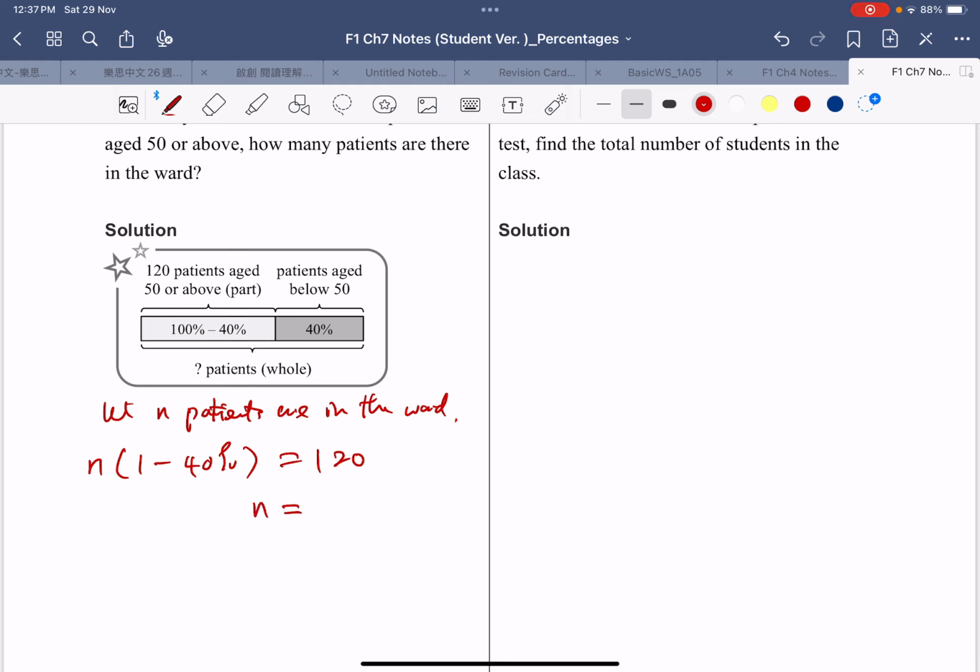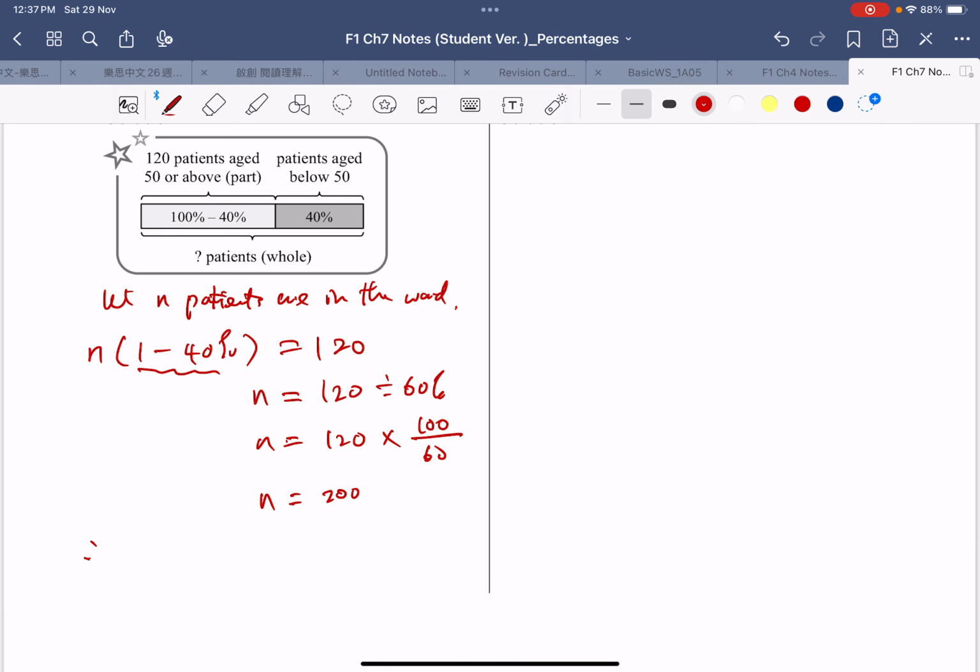The number inside this bracket is 60%, right? So 120 divided by 60%, and this is 120 times 100 over 60, and then N equals 200. Okay, final answer is there are 200 patients in the ward.